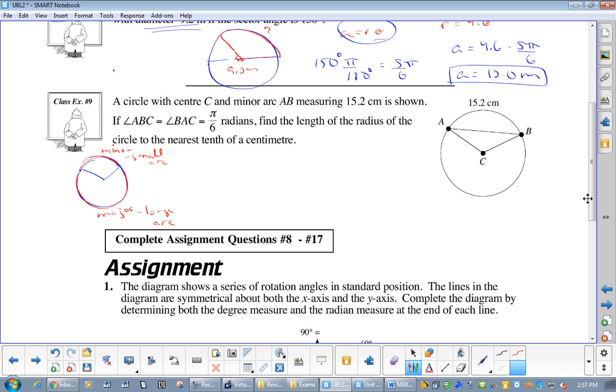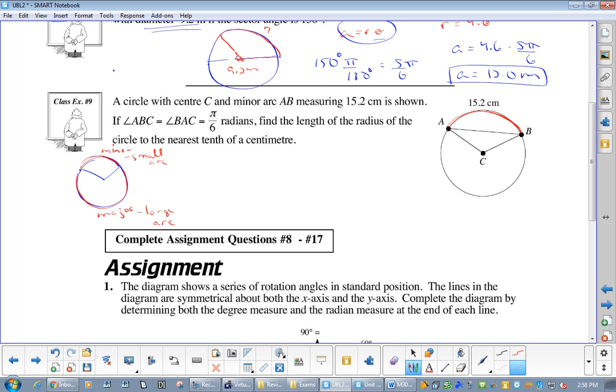So it says, find the length of the radius of the circle to the nearest tenth of a centimeter. So it says this minor arc here is 15.2 centimeters. Now it says if angle ABC is pi over 6. Now which angle are we talking about?